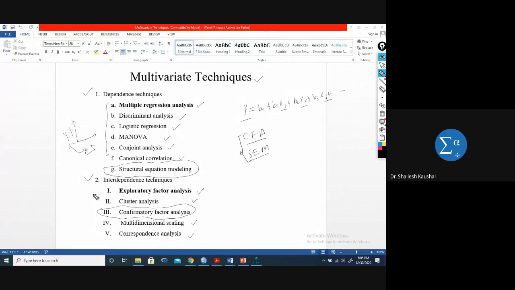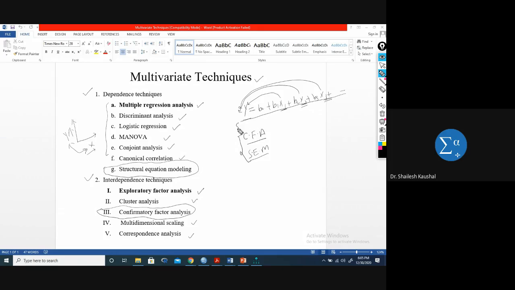The purpose is different. Hypothesis testing means, like in multiple regression analysis, there is one dependent variable and several independent variables, so we can know the significant impact of the independent variables on the dependent variable.